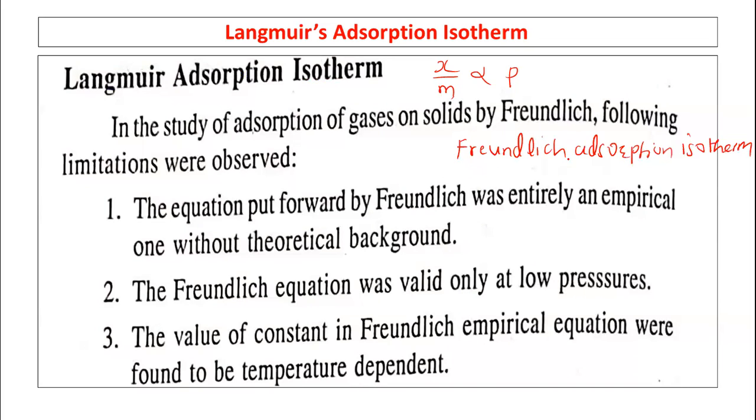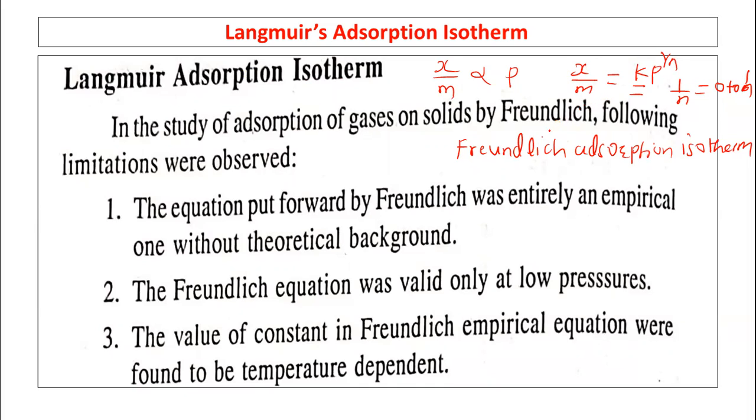So we can write the equation: X upon M, where X is the amount of the gas adsorbed and M is the mass of the adsorbent, is equal to K p raised to 1 upon n, where K is a constant, and the value of 1 upon n is from 0 to 1. So this is the Freundlich adsorption isotherm.